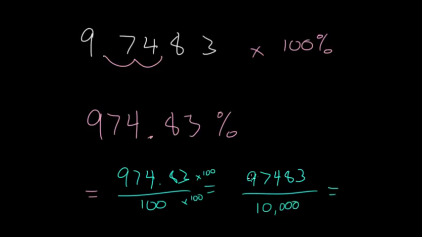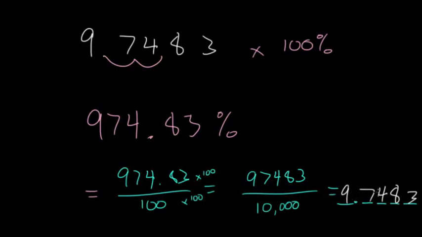So we have 97,483 10,000ths. If I write out all the places, let's put a 0 there, and we will need a ones place. So tenths, hundredths, thousandths, 10,000ths. This is how many 10,000ths we have. So we put the 3 in the 10,000ths place, and then just fill it out in order. So this is an 8, a 4, a 7, and a 9.